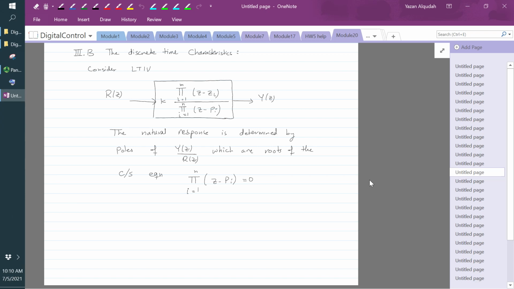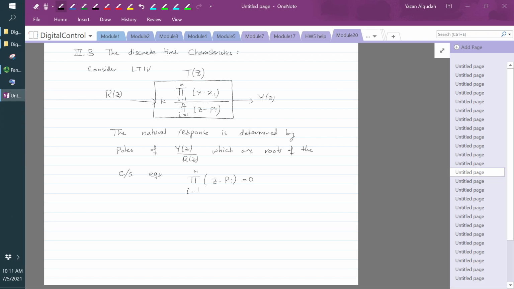a system, similar to the example that we've done at the beginning of the class, I have T of z. This is the transfer function between the input and the output. And I'm going to write the transfer function as multiplications of zeros over multiplications of poles.